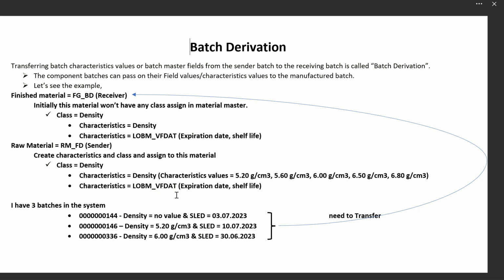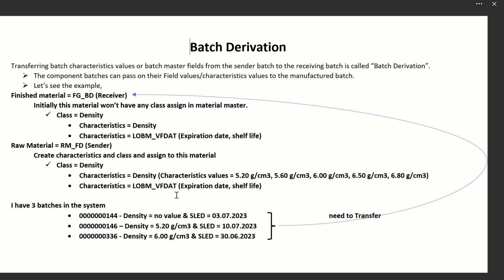Generally, this will be observed mostly in process industries, for example a tablet or FMCG product, or any edible product. When I purchase raw materials, the expiry of that batch applies when I use that raw material in the finished product.